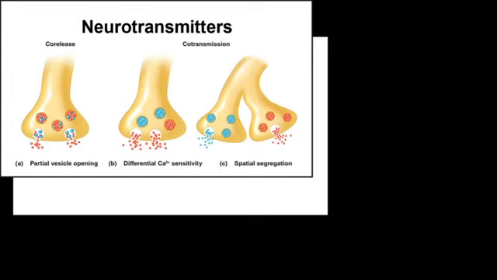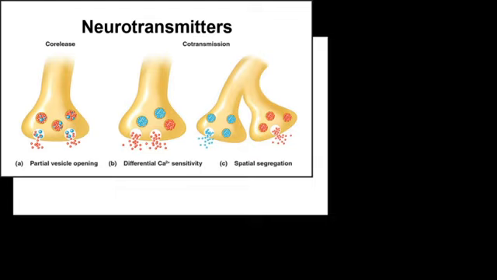So if they join up and only create a small opening, then only the small neurotransmitters can escape. If the signal that's received says let all of them out, then it can create a larger opening and allow both out at once. But this allows us to control when and where each of those neurotransmitters is released.